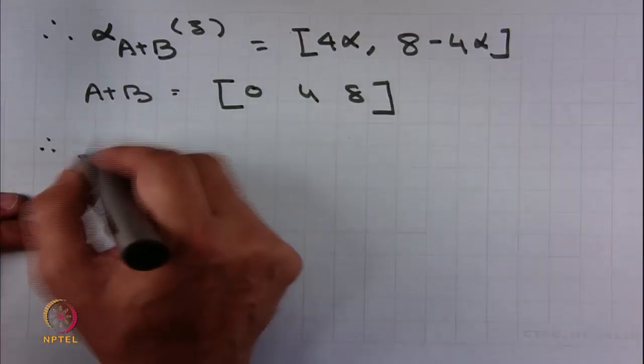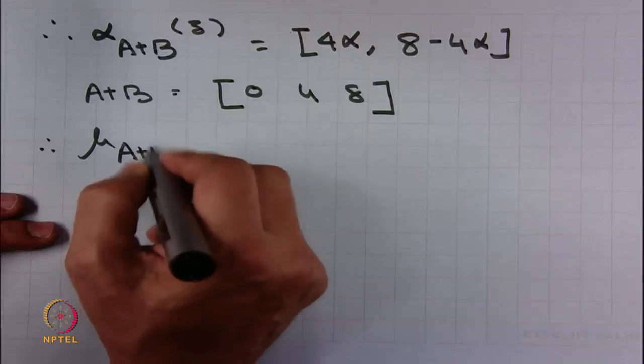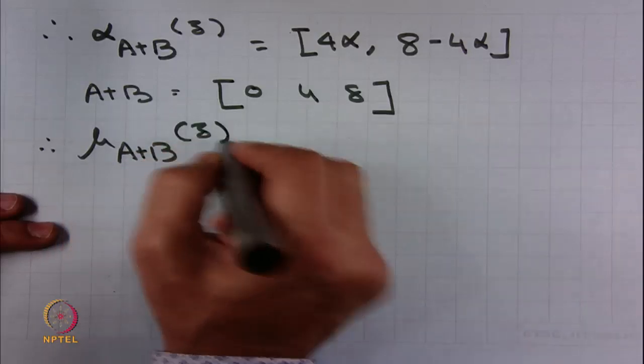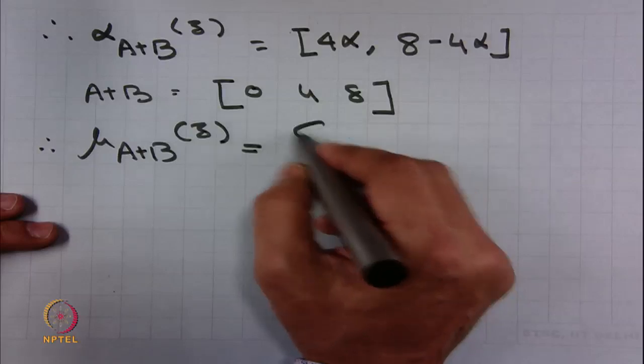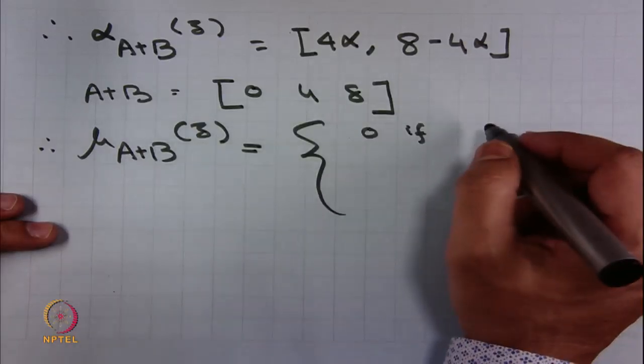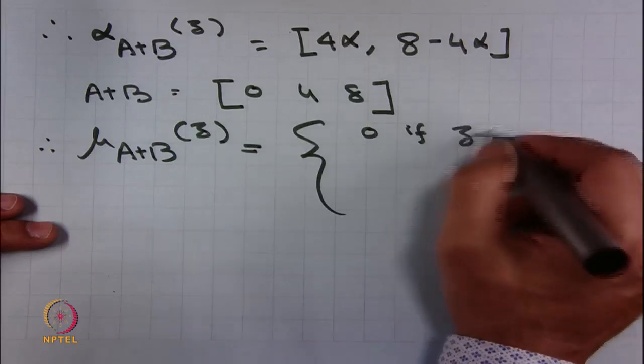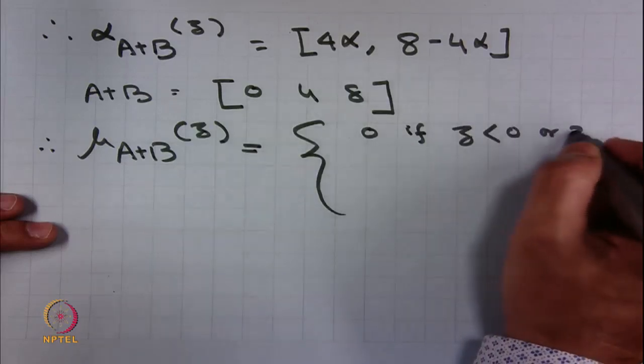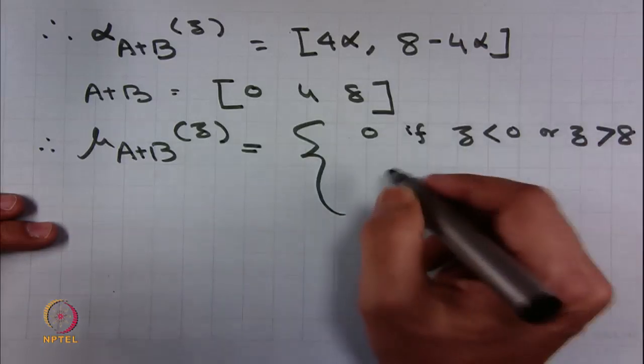Therefore, mu A plus B of Z is equal to 0 if Z less than 0 or Z greater than 8.